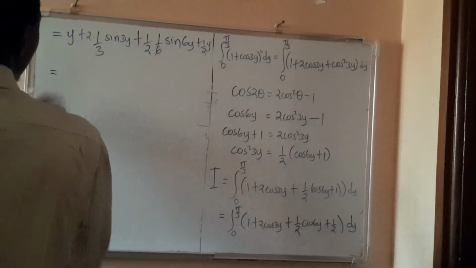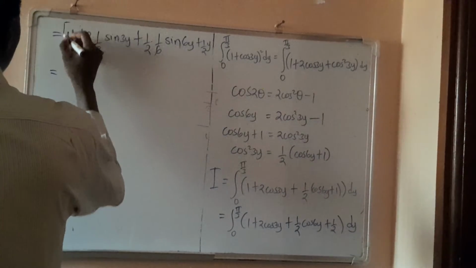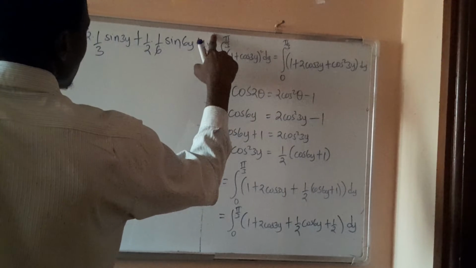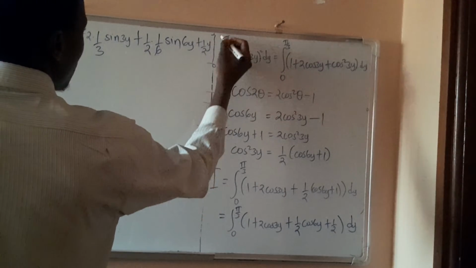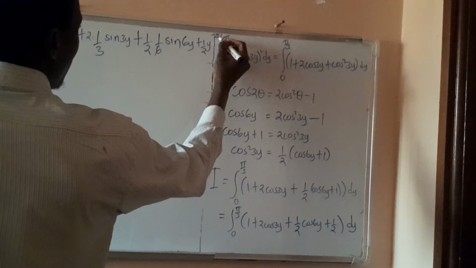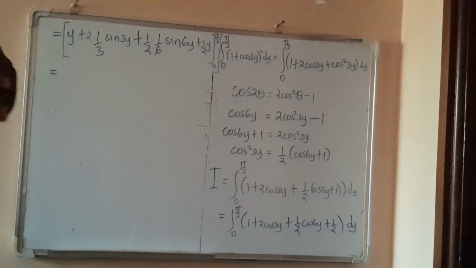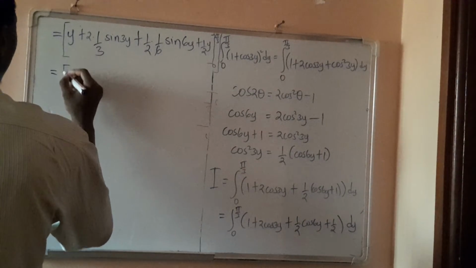So this is equal to, we also have our limits of integration, 0 to pi over 3. So we can actually simplify.